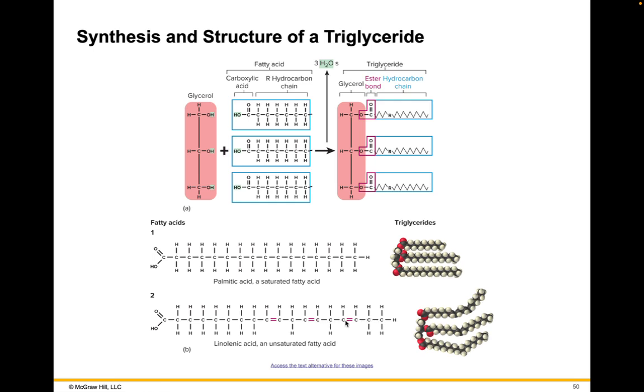Sure, there's some single bonds in here, but there are now, what? Double covalent bonds. I see 1, 2, 3 double covalent bonds. So it is not straight, it is not single bond, and it's not surrounded by hydrogens. We have hydrogens not in these spaces. And it will not be solid at room temp. This will be liquid at room temp, like oils.